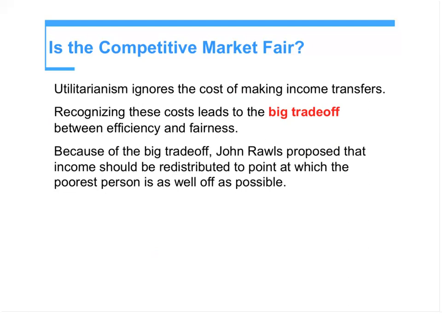But utilitarianism ignores the cost of making income transfers. Recognizing these costs leads to a big trade-off between efficiency and fairness, because for you to be fair, you forget about efficiency. Because of the big trade-off, John Rawls proposed that income should be redistributed at a point at which the poorest person is as well off as possible.